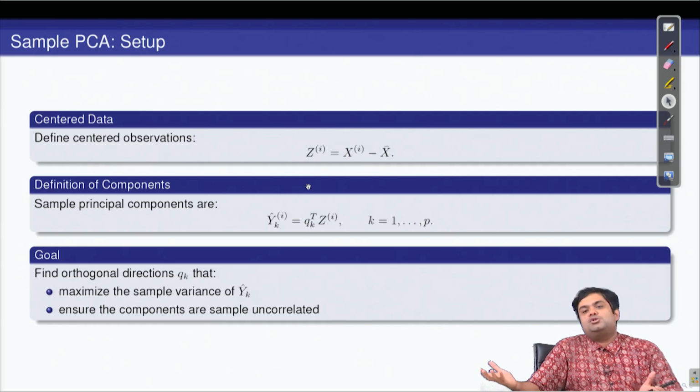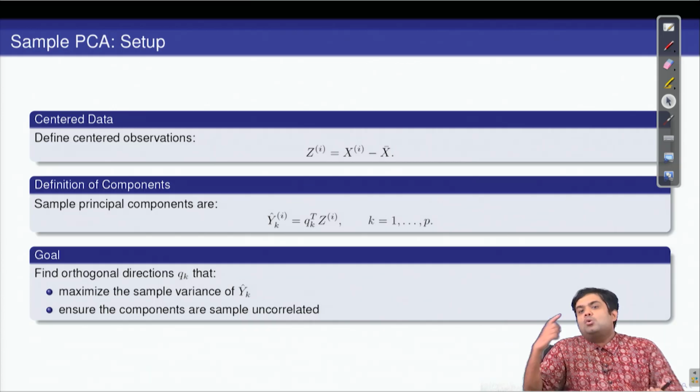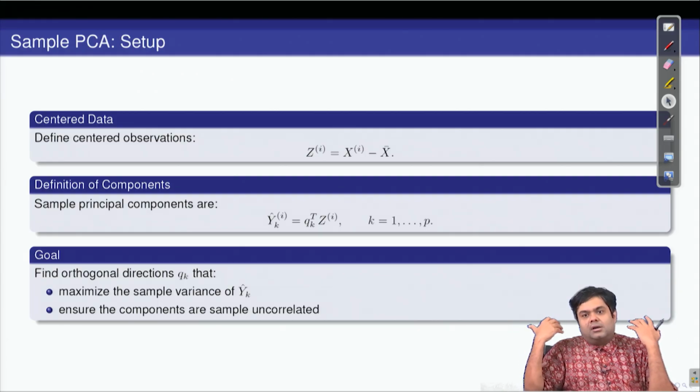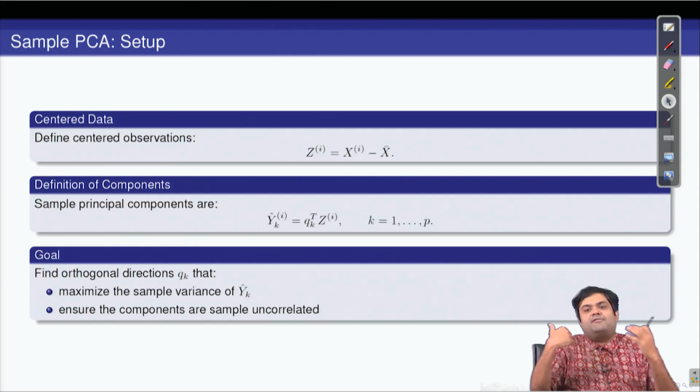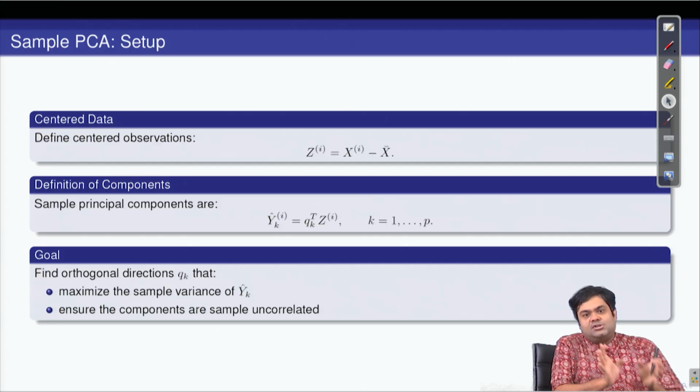You will choose a new coordinate system which will be orthogonal, such that these new variables will be uncorrelated to each other. The first sample principal component will have the maximum variance amongst all the principal components, the second principal component will have the maximum variance amongst everything except the first one, and so on.